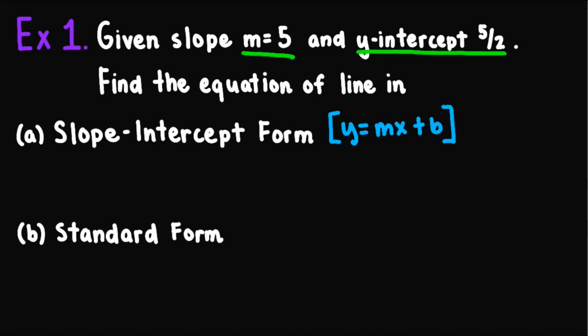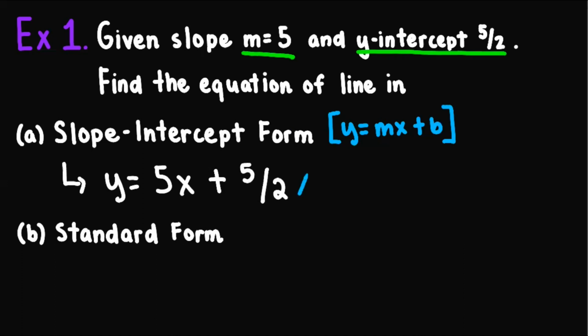Since we are given the slope and the y-intercept, this is simply given by y equals 5x plus 5 over 2. This out here is the answer for this first sub-item.